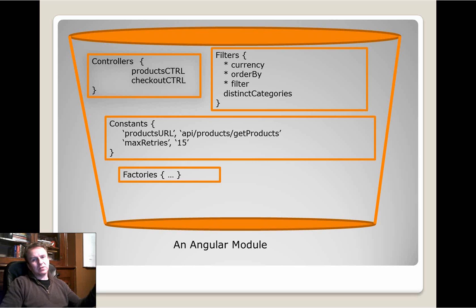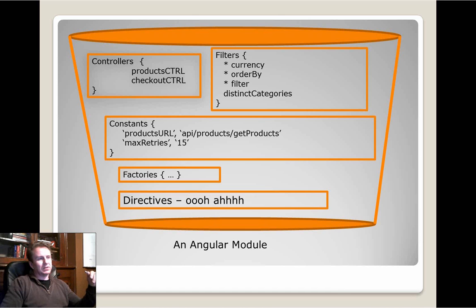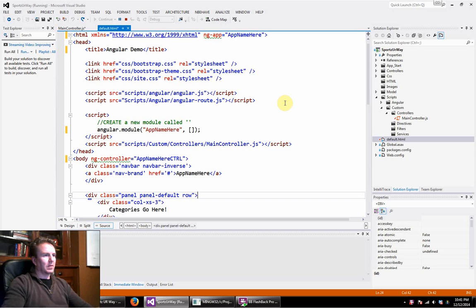We can put in factories, which you can think of as singletons shared across controllers. And then of course there are the all-powerful directives. Everybody talks about directives, but in this particular application I'm not going to use any directives. I'm doing that on purpose, and I will explain why in later videos.